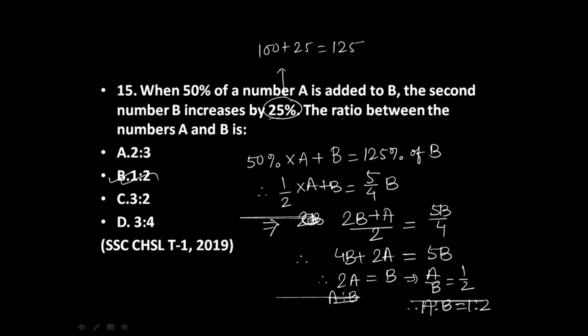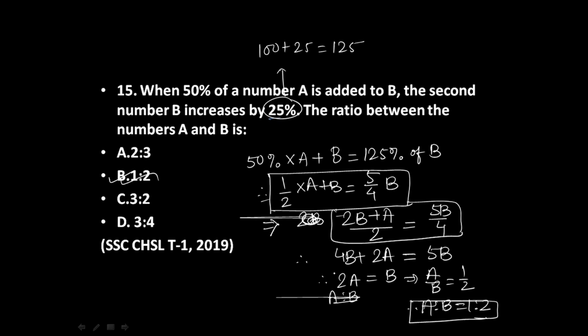In the exam, you don't have to do such a total, with 5 to 6 lines. You will just write this line first, because you know 50% is equal to 1 by 2, and there is a 25% increase, so 125% means 5 by 4. You would write this line, then straight you will go to this line.